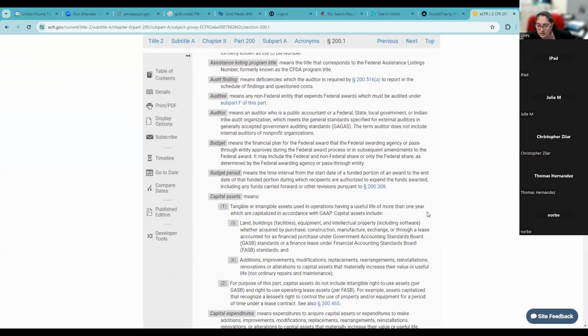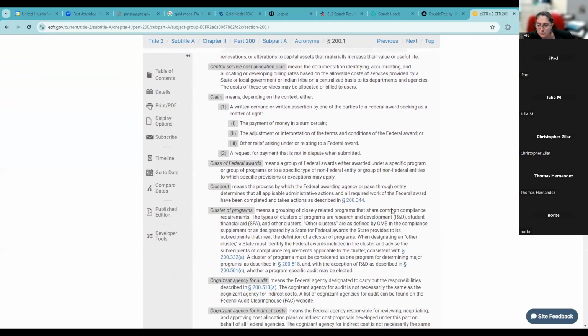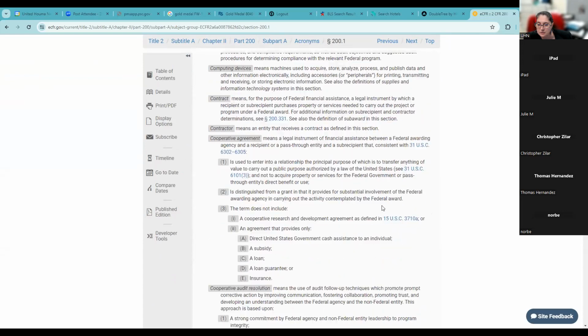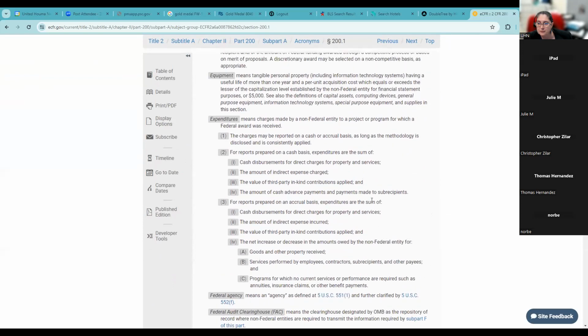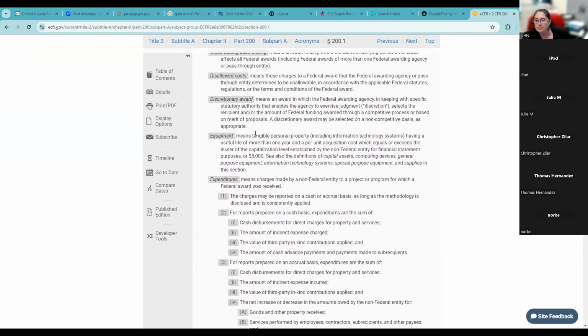And when we come down to equipment here, there we go. Equipment means tangible personal property, including information technology systems.